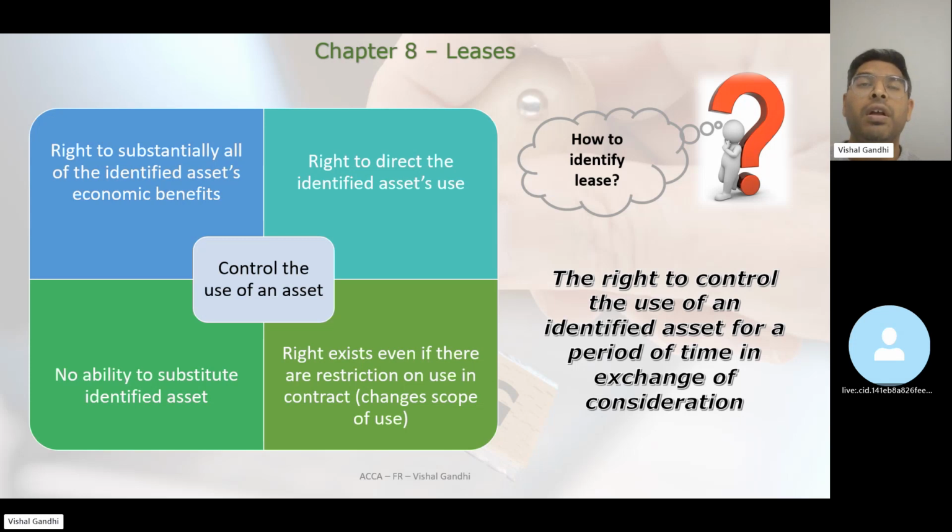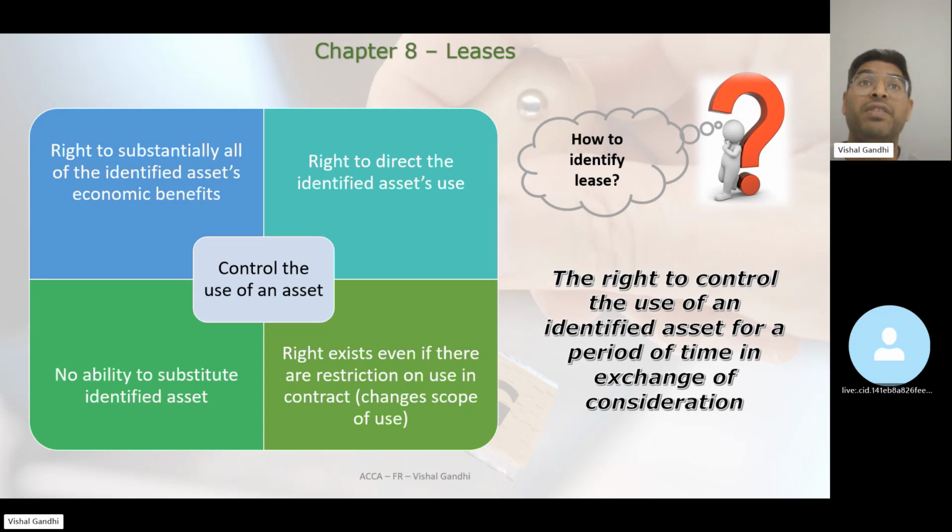For example, suppose a company gets a space in an airport to put a stall or a shop, right? But if the airport authorities can tell the company at any time, oh, you need to shift from terminal 1 to terminal 2, terminal 2 to terminal 3, then what happens? They are substituting that space every time.